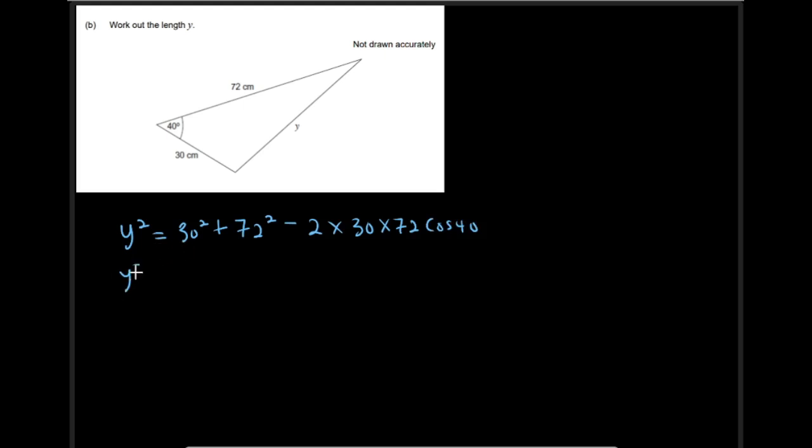Okay, so that will give us y squared equals 30 squared being 900.